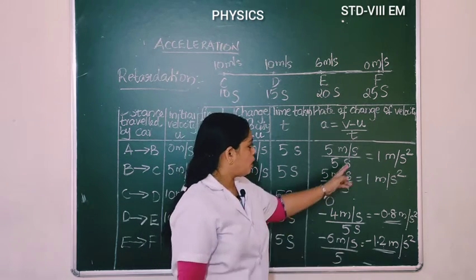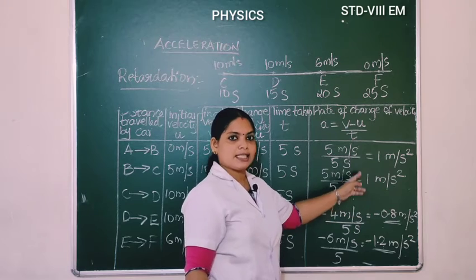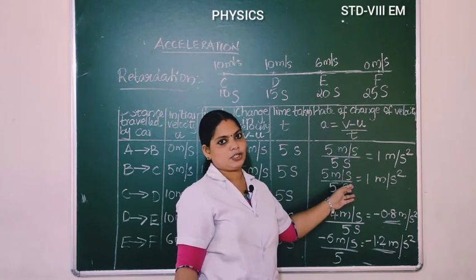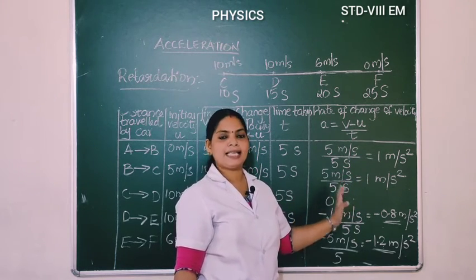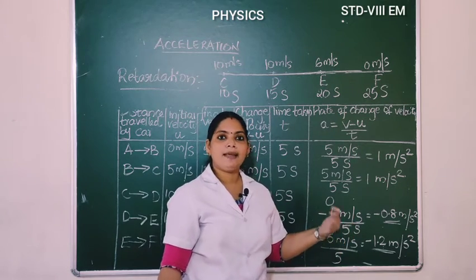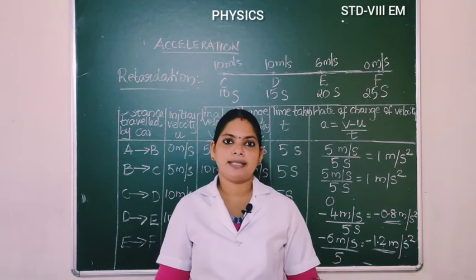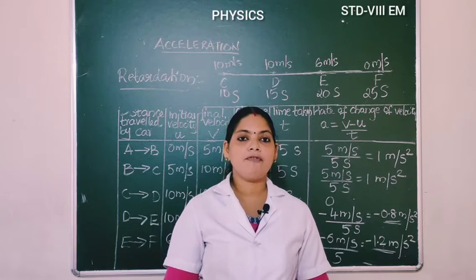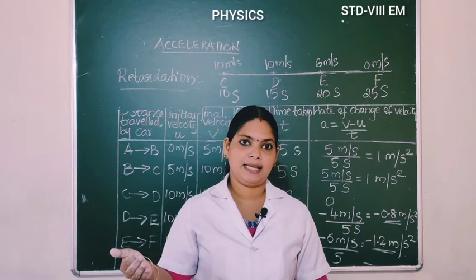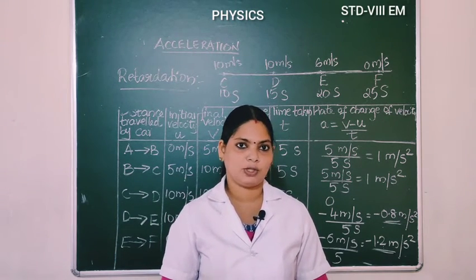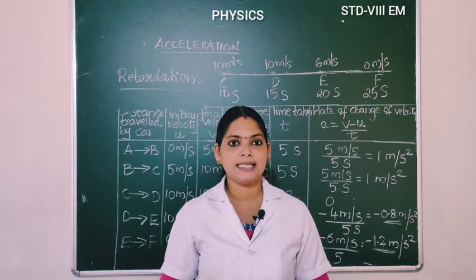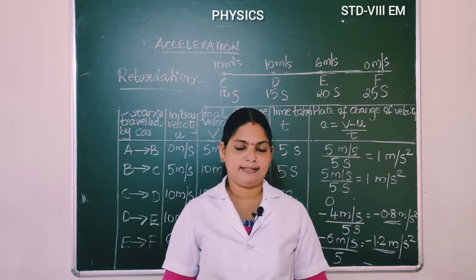Here we got positive values, isn't it? This is known as positive acceleration or simply we call it acceleration. So how does positive acceleration and negative acceleration occur? If the velocity increases, it is positive acceleration. If the velocity decreases, it is negative acceleration.